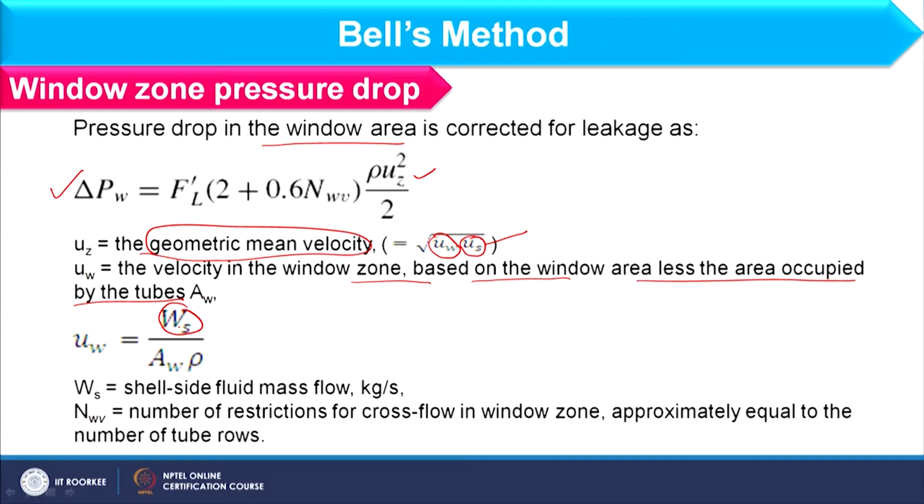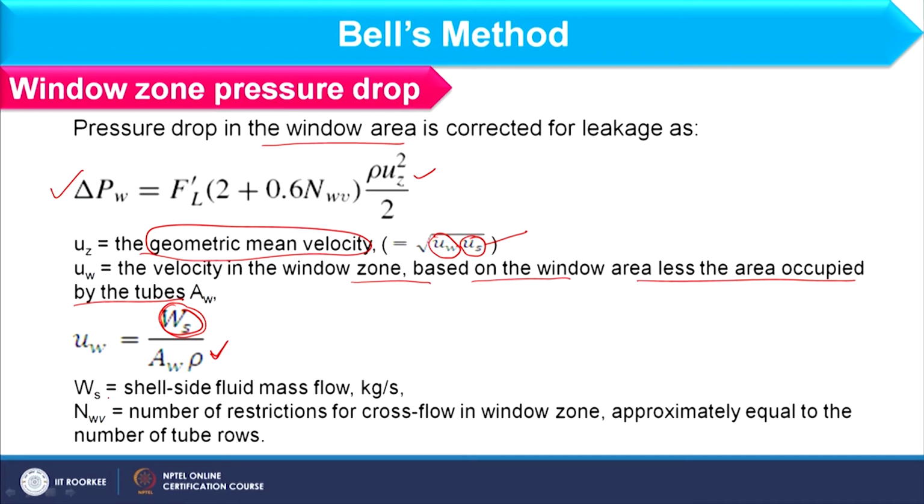We will see the detailed calculation of uw in the next slide, and the expression of uw is Ws, that is the shell side fluid flow rate. AW is basically the area available in the window zone for free flowing of fluid, and rho is the density of the fluid on the shell side.